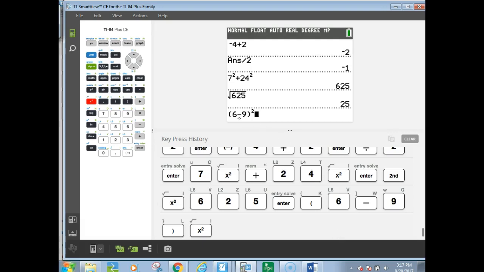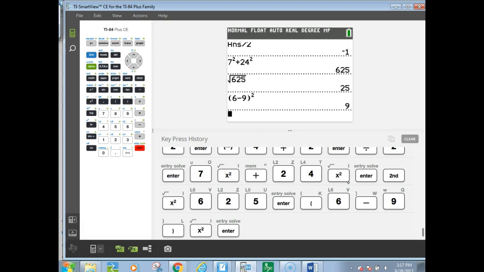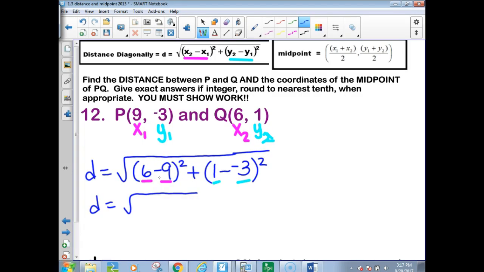Now, if you know your integer stuff, 6 minus 9 is negative 3, and negative 3 squared is negative 3 times negative 3, so this ought to come out to be 9. If you typed it incorrectly, you should be getting 9 when you hit enter. Okay, that's the part right there. The whole thing gave us 9, so I'll have 9 plus something.